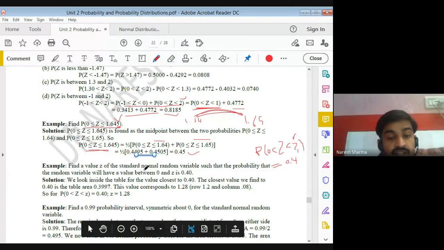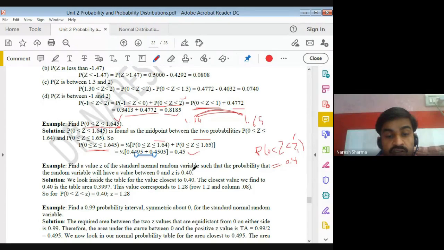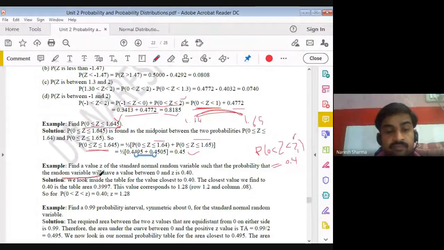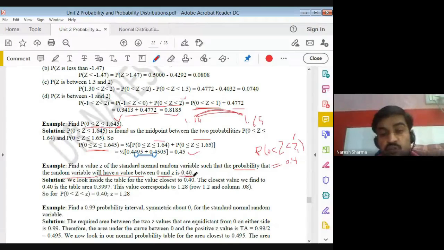Find the z of the standard normal variable such that the probability that the random variable will have a value 0 to z is 0.4. That means the probability is 0.4. So we know that here we always consider from 0 to z. So 0 to z is given with probability 0.4.